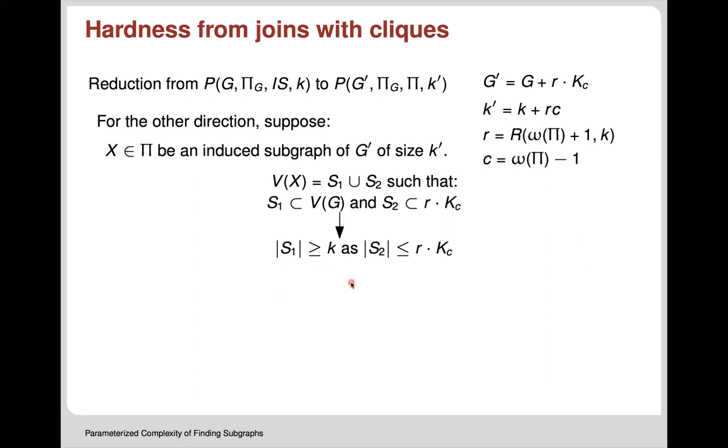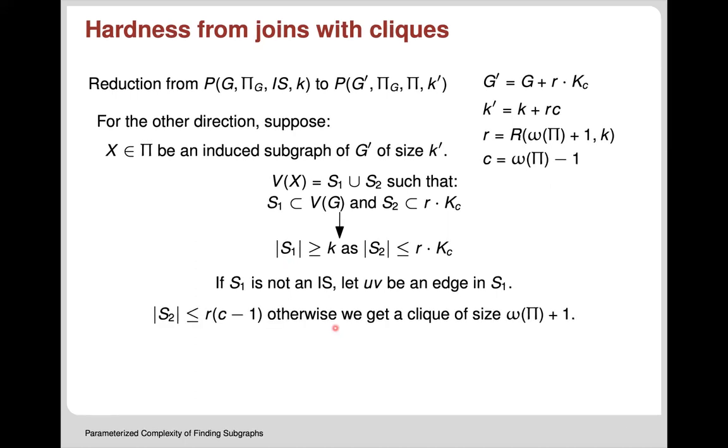Okay. Now the first case: if S1 is an independent set, then we are done, because that's what we require, that G has an independent set of size k. Now assume that S1 is not an independent set, and let UV be an edge in S1. Then we can restrict the size of S2 to R times C minus 1. Why? Because from each clique we can take at most C minus 1 vertices.